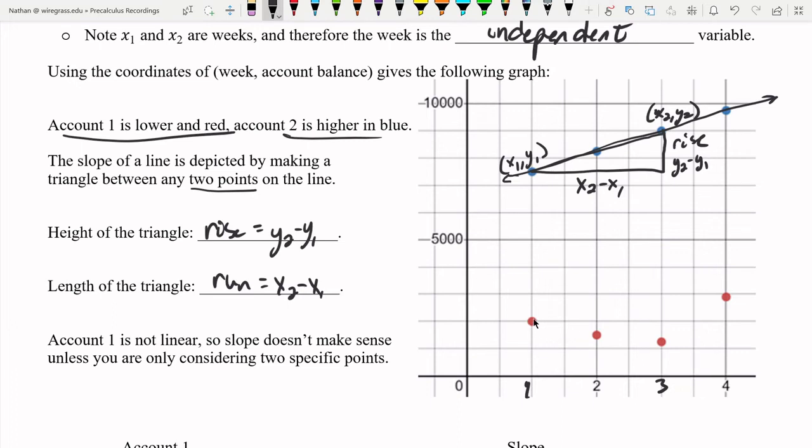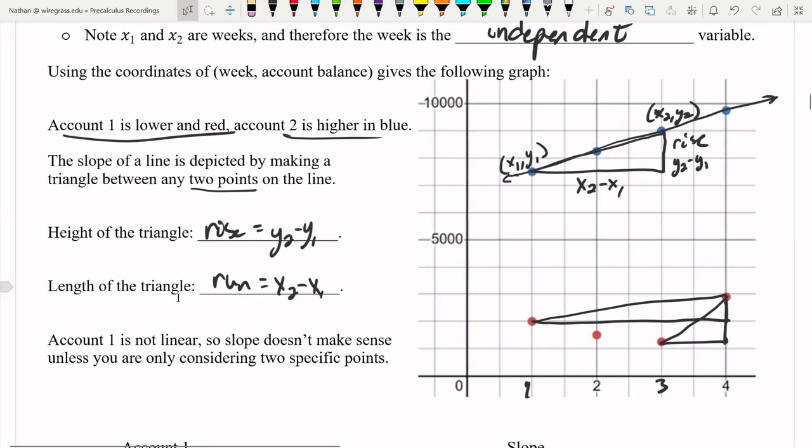For between 1 and 4, that was the average rate of change for the entire 4 weeks. Or you could say, what's the average rate of change between the lowest point and the highest point? That would be this slope here. You can ask a lot of different questions about it, but you're limited on what you're talking about in full slope.